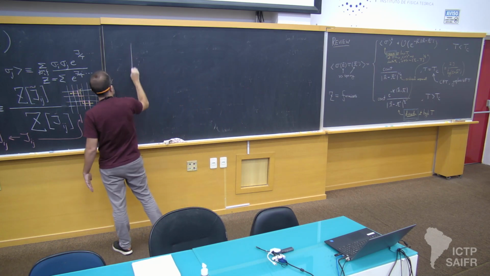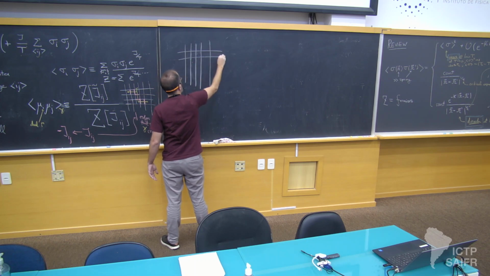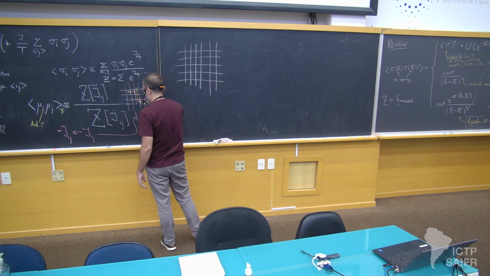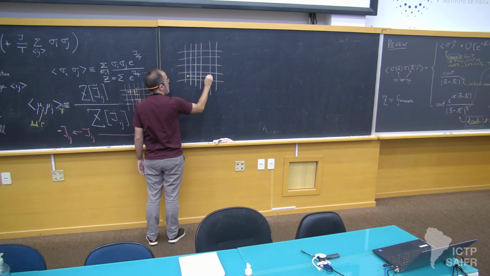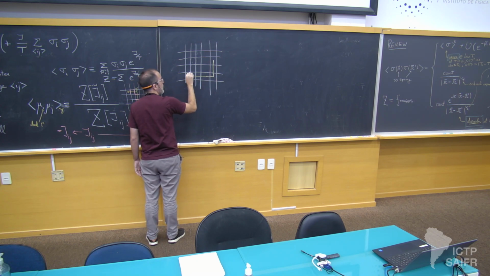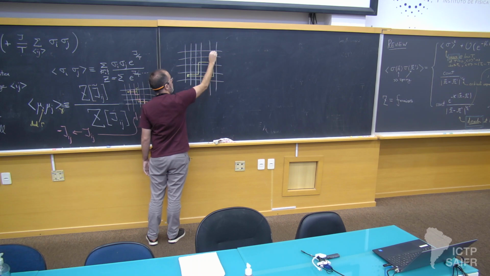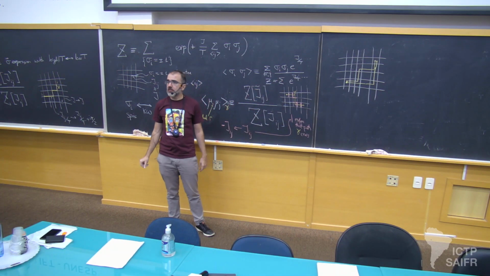So let's draw 2 paths. One path could be this. The other path could be, for example, this. Okay, so here are 2 paths that connect i and j, right?